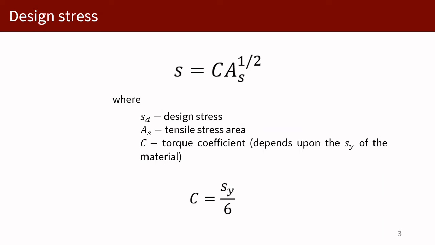Okay, so just a background about the derivation of this expression. Newton and Ruthwaite's derivation is that the design stress of threaded products is C times A_R raised to the power 5.